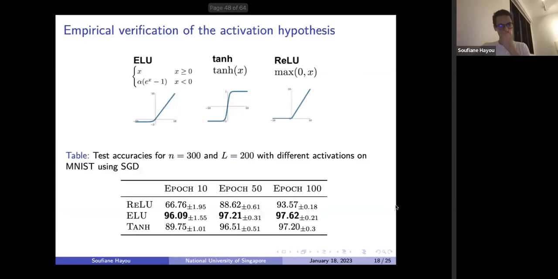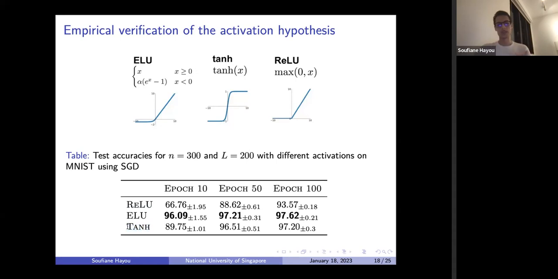Just to show an empirical verification of this hypothesis, you can see that ELU, for example, which is a smooth version of ReLU, performs better than ReLU across all training epochs. Something to notice here is that the hyperbolic tangent is also better than ReLU, because it's also a smooth activation function.